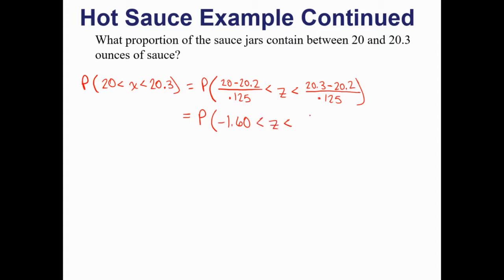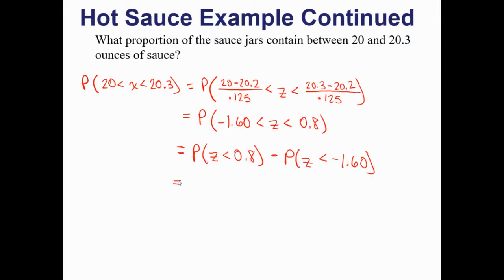What's our second value? 0.8. Okay, so when we subtract these, we do big minus small. So the probability that Z is less than 0.8 minus the probability that Z is less than negative 1.6. What's the larger of our Z-scores here? 0.8.